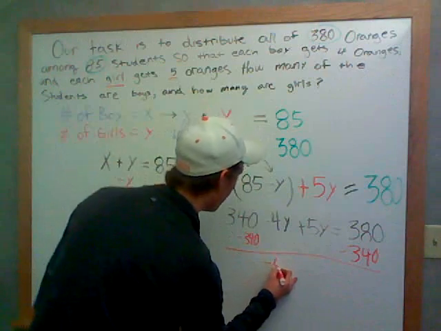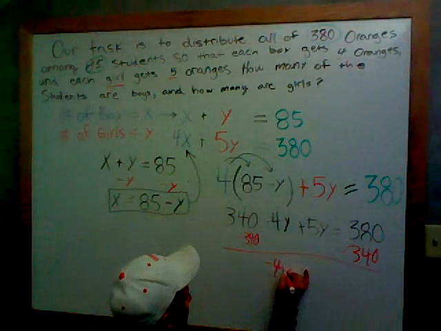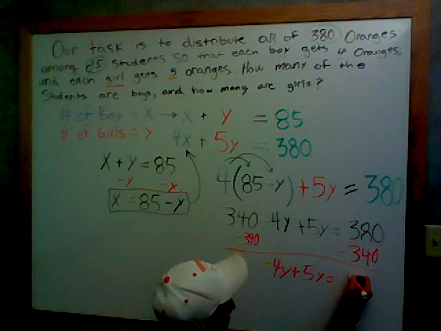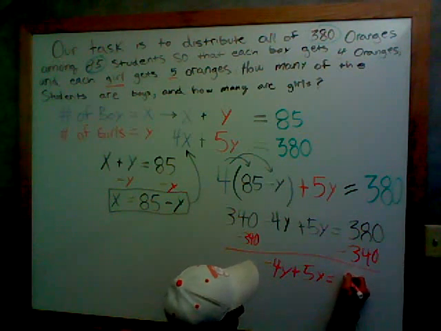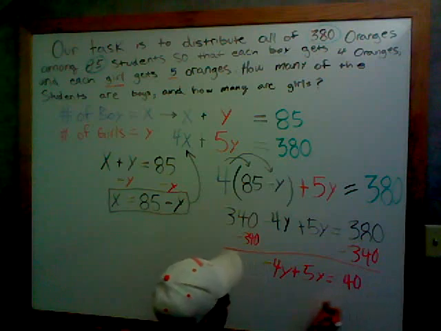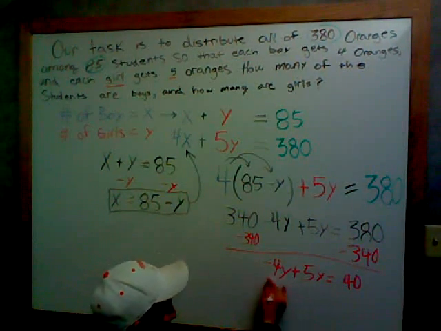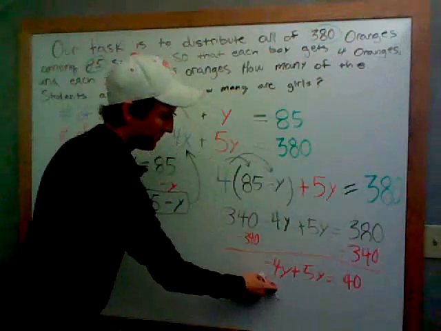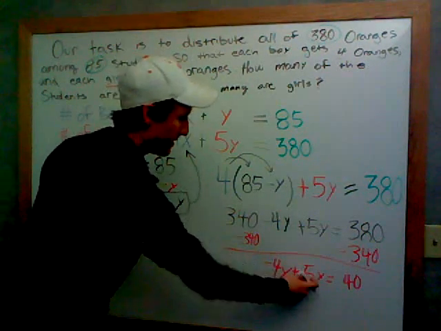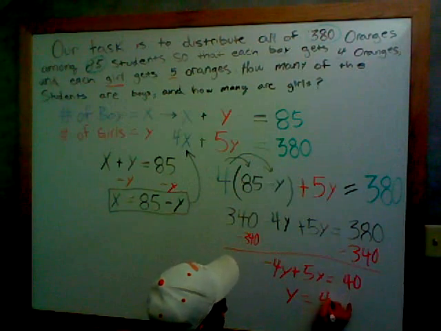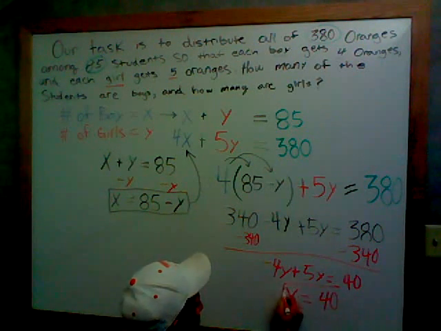We now have negative 4y plus 5y. So now what we have to do is just combine like terms, and negative 4y plus a positive 5y is going to equal y, so y equals 40. We now know that y equals 40.